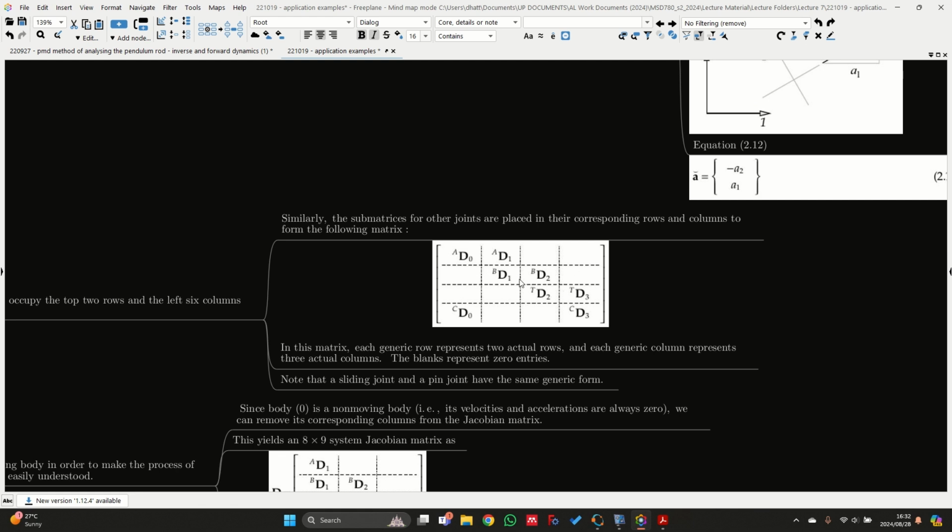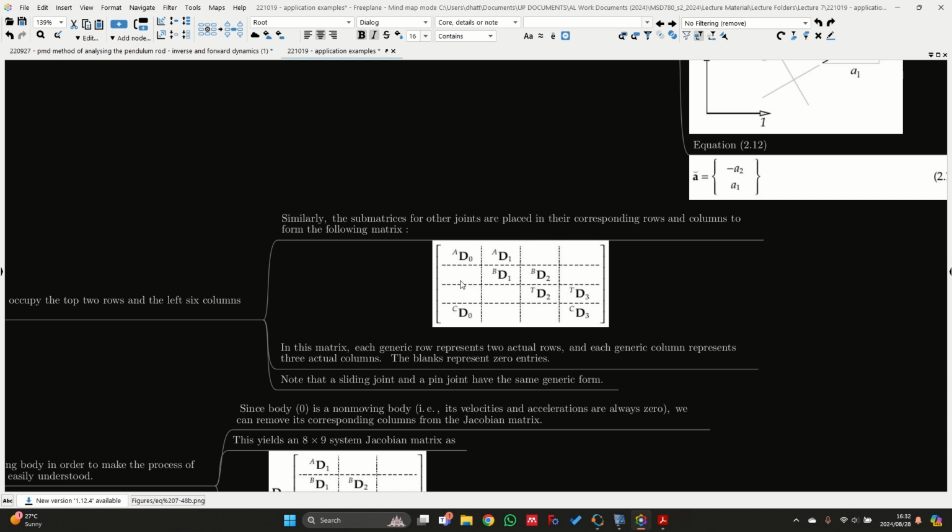Then in the second row, I have the constraints pertaining to joint B. In this case, joint B acts between bodies 1 and 2, so I group them together. And then the translational joint acts between bodies 2 and 3, and finally I have joint C, which acts between bodies 0 and 3.